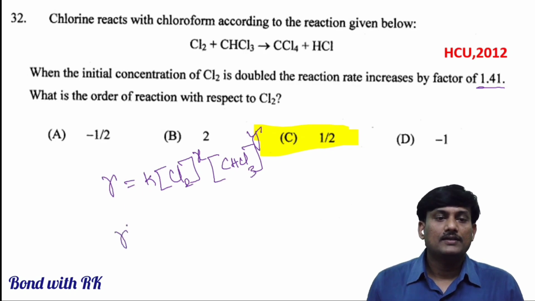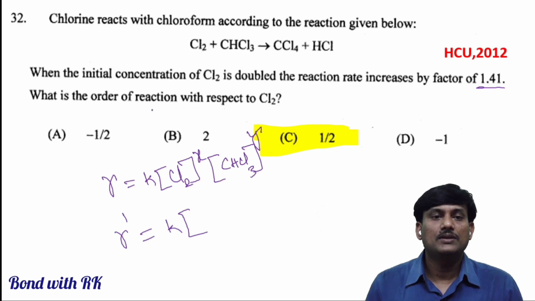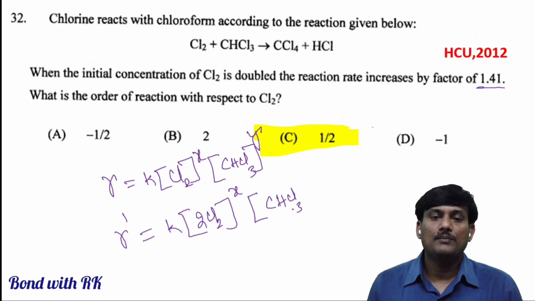Let's take R dash. In this case, the concentration of Cl2 is doubled. When the initial concentration of Cl2 is doubled, so (2Cl2) power of x. Here there is no change in the concentration of chloroform, [CHCl3] power of y.